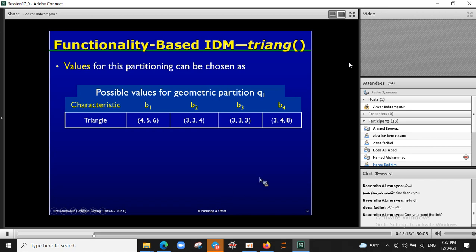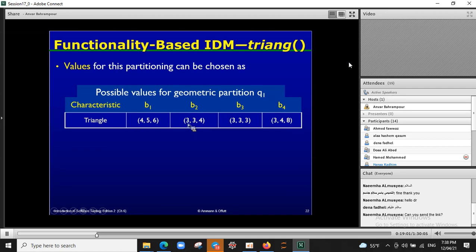And for making test values, we simply use a sample or an instance of each block. For example, you will see in this slide, this combination for a scalene triangle. This instance is not isosceles or equilateral, because no 2 sides are equal in this combination.